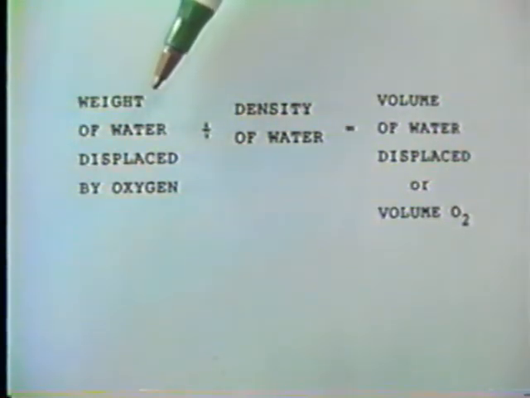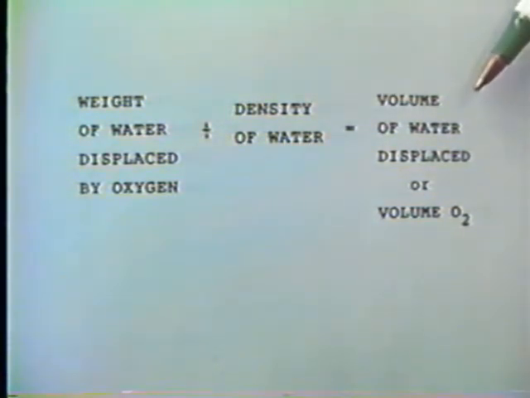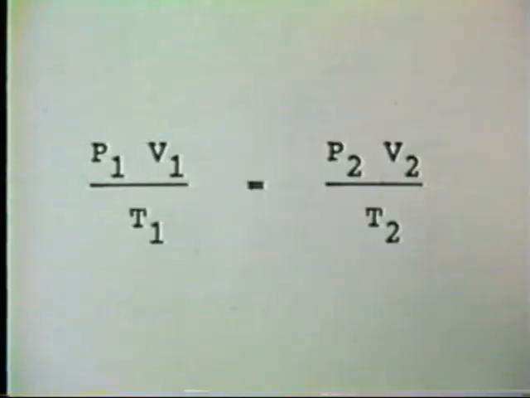The weight of water displaced by oxygen divided by the density of water will give you the volume of water displaced by the oxygen, or in other words, the volume of the oxygen itself. To find the volume of oxygen at STP, we can use this familiar form of the ideal gas equation.